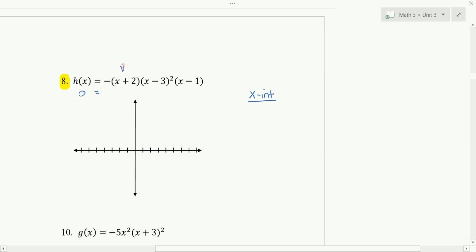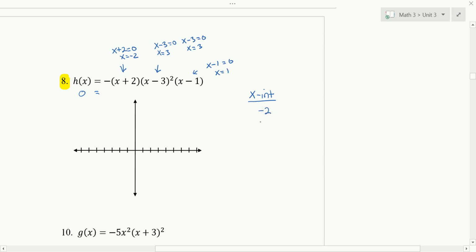So the first one, if x plus 2 is 0, we get x is negative 2. Here we have two of them. We have two x minus 3's. And so if we set them both equal to 0, we get x equals 3 twice. And we have one x minus 1, which gives us x equals 1. So for x-intercepts, we have one at negative 2.